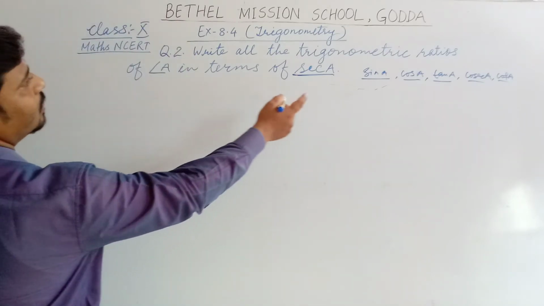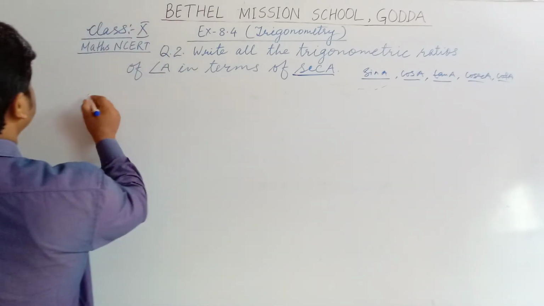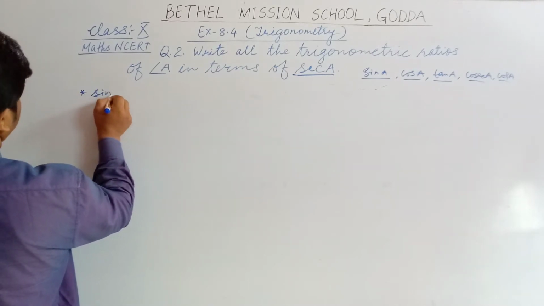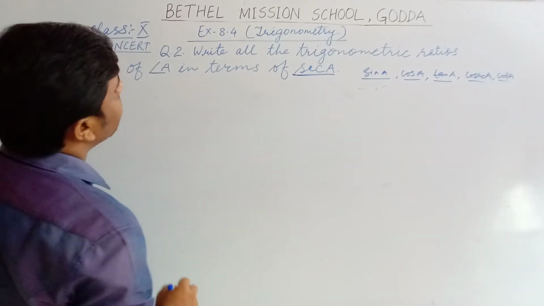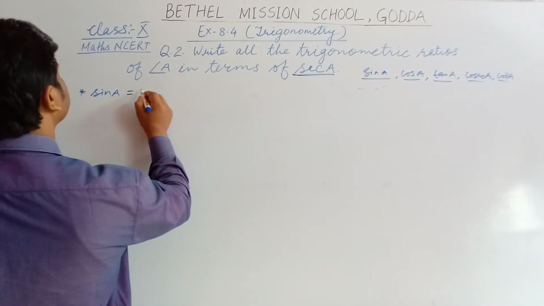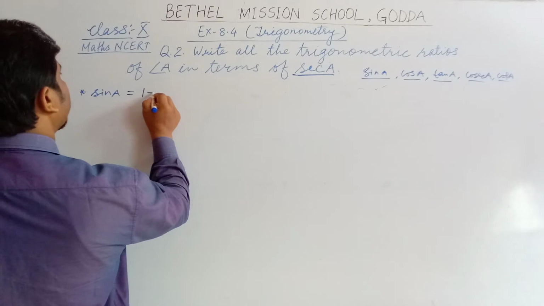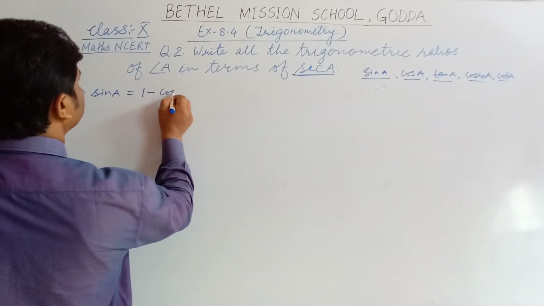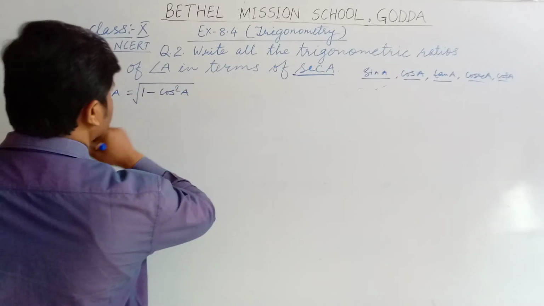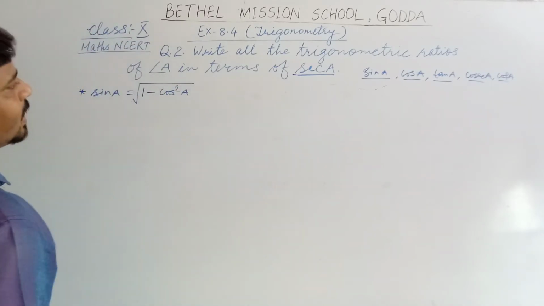So first, sin A. Sin A equal to under root 1 minus cos square A. Can we write?